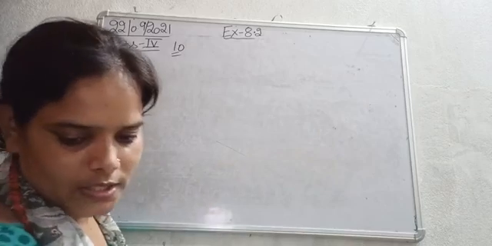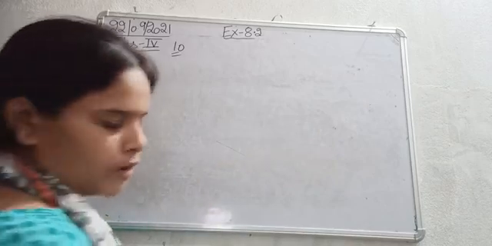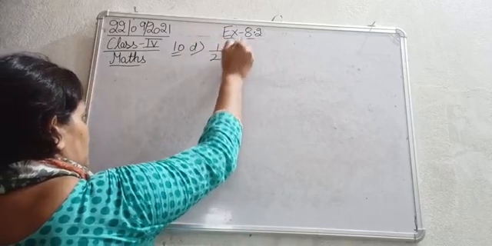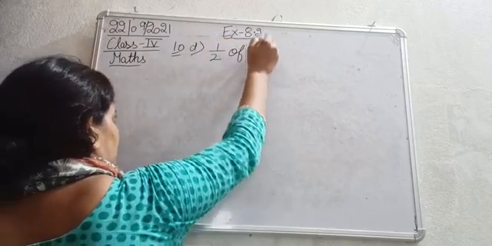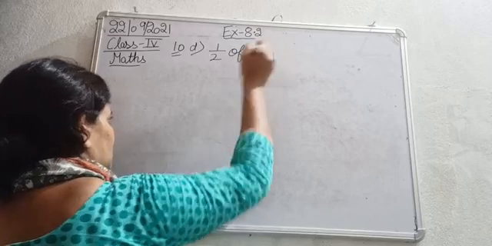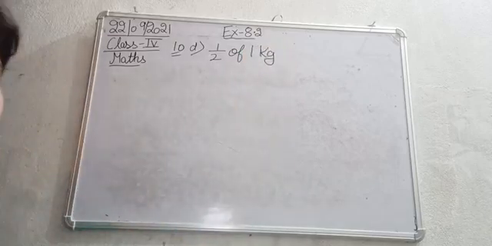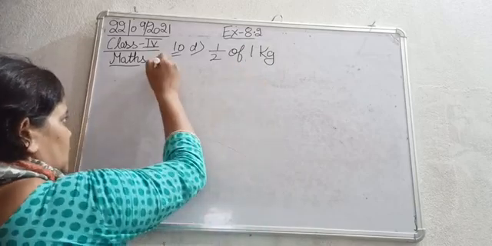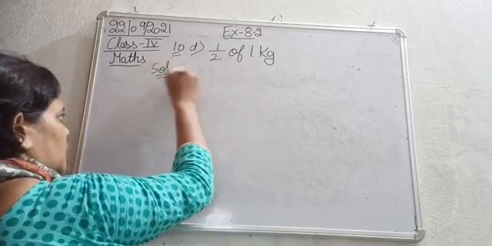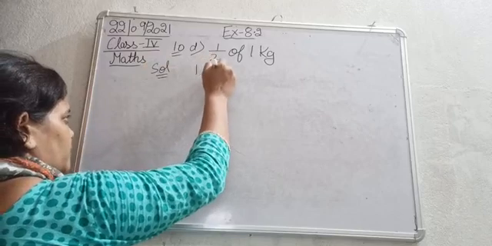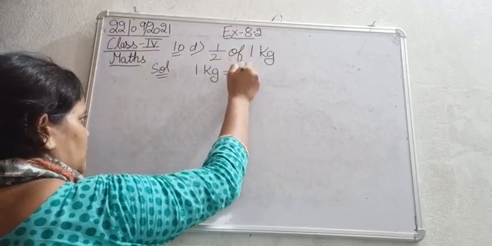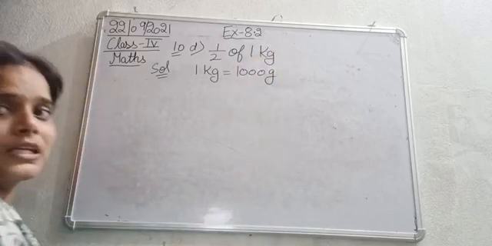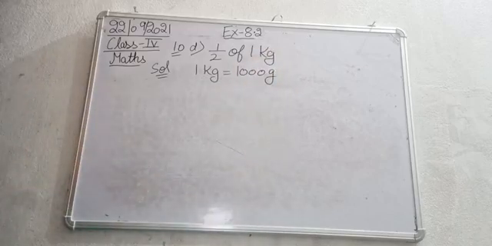The D part is 1/2 of 1 kg, or half of 1 kg. So again we will do the conversion. 1 kg is equal to 1000 grams.